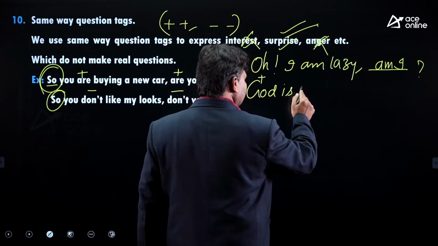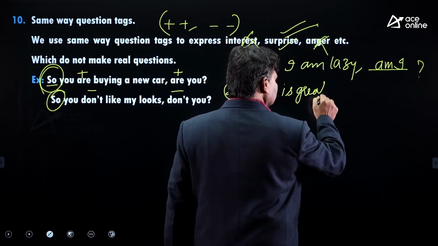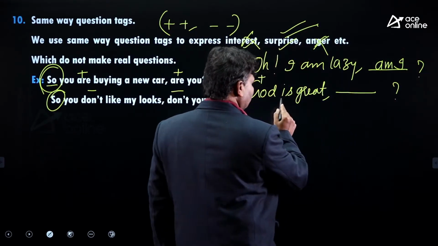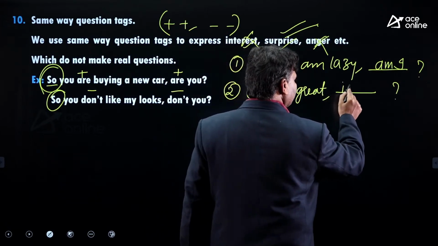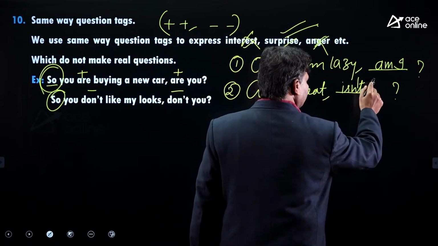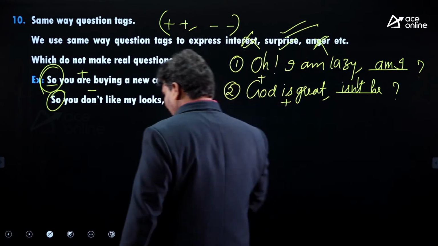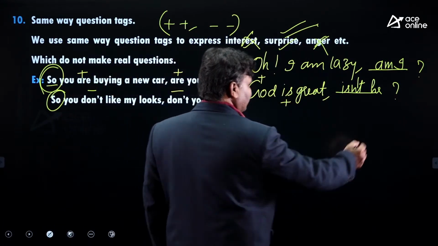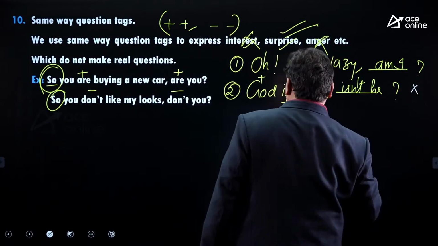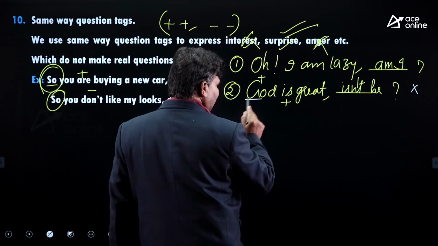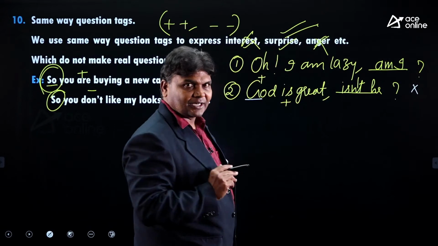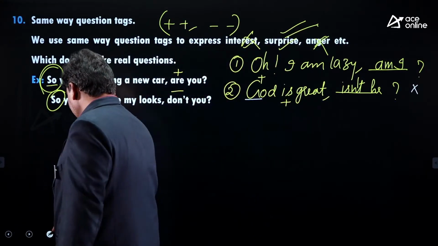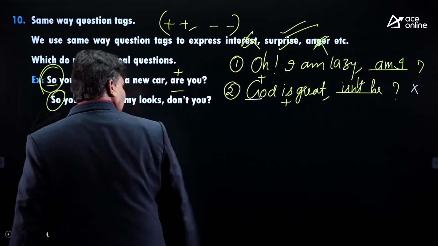God is great. Positive. Isn't he? Some or other, I consider this one as wrong, students, because the scriptures always quote God with a capital G. That's the only area where you can think of it, students.